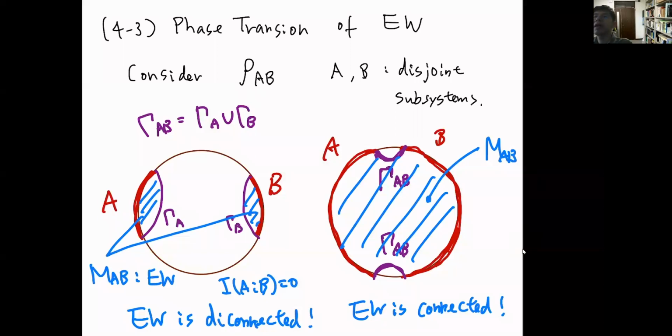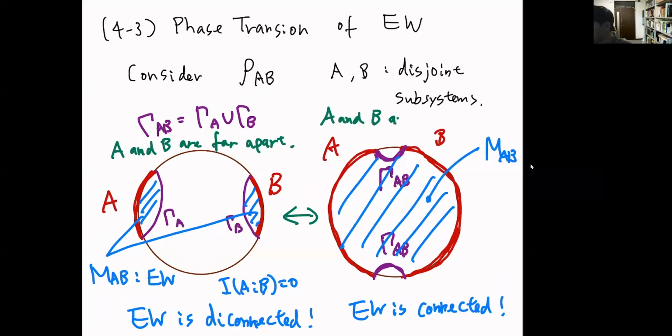So this is the opposite case, and there is a phase transition between these two situations, depending on the parameter. In this case, A and B are apart; in this case, A and B are close.